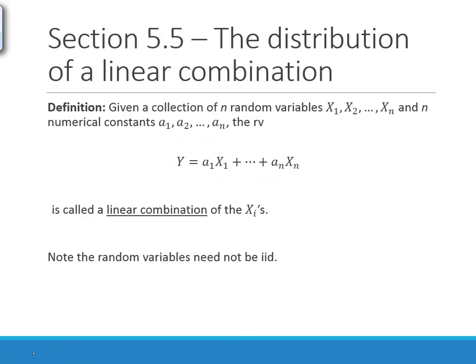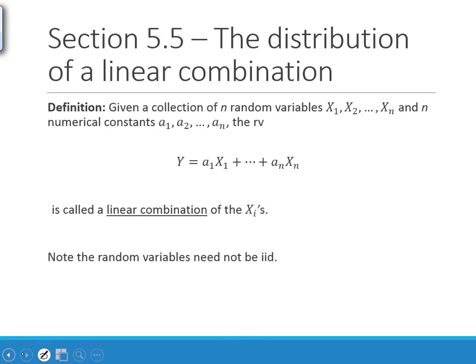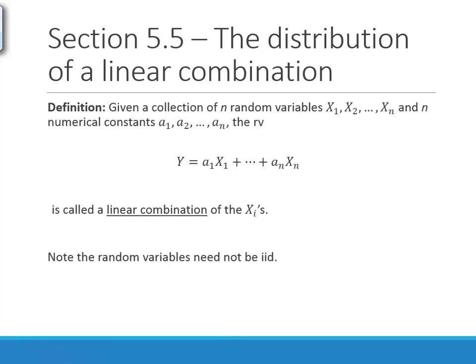So for example, I've skipped over, I must have deleted a slide here. For example, if I take y equal to 8x1 plus 3x2 minus x3, that's going to be a linear combination, right?